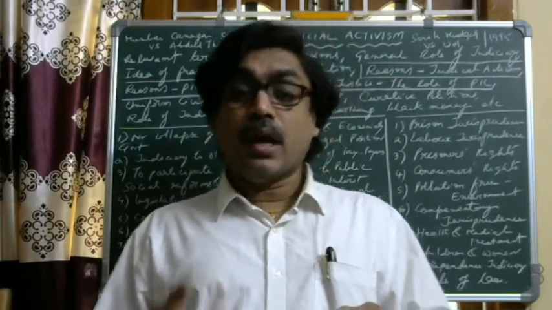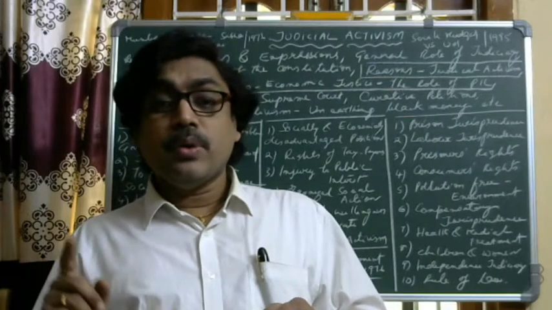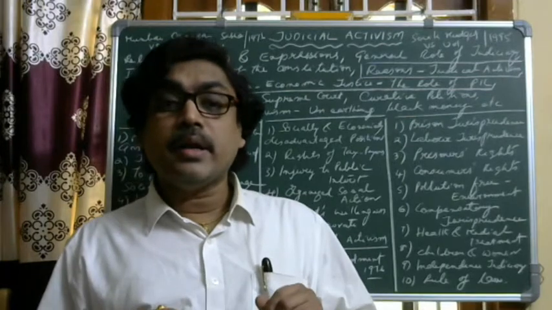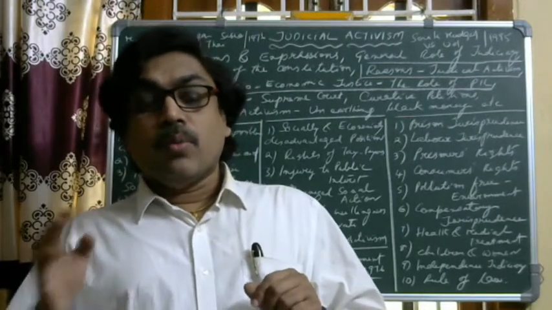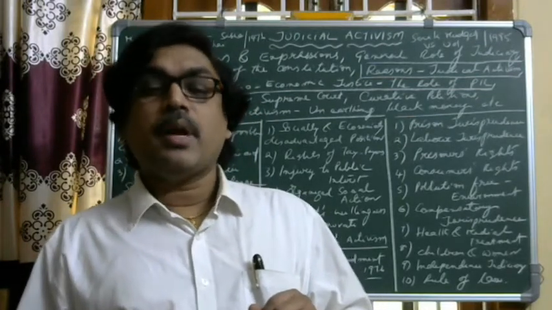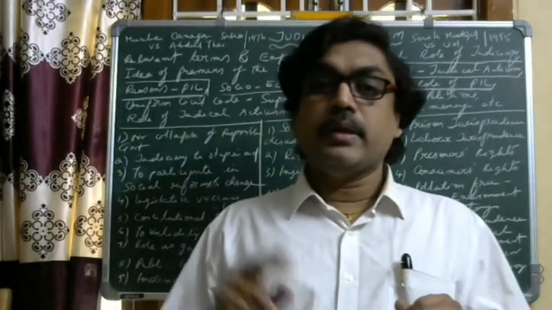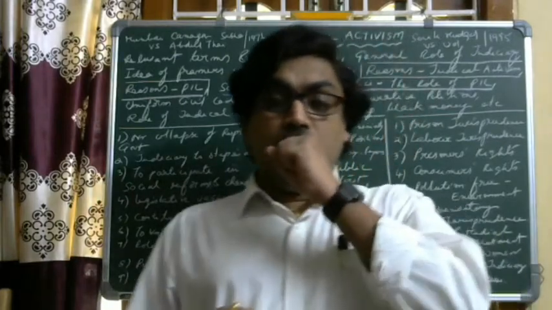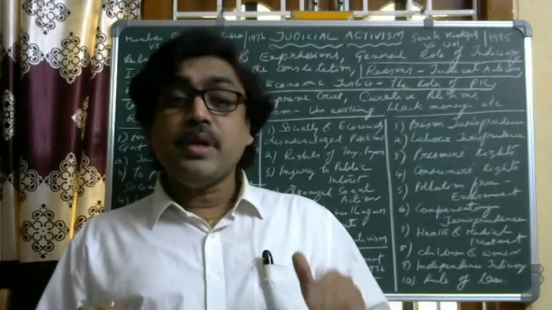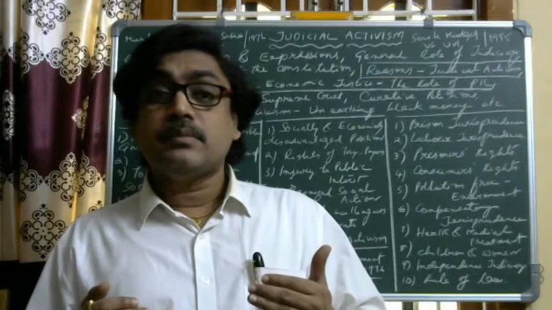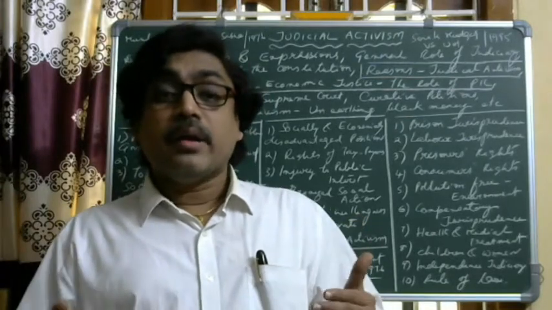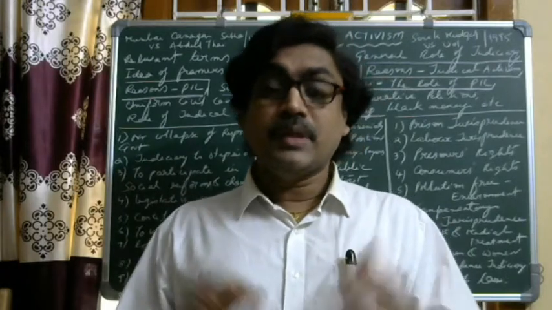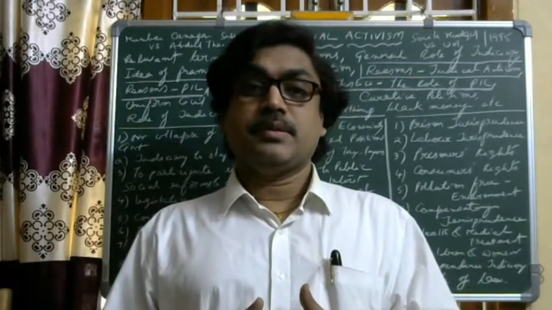Sarla Mudgal versus Union of India is related to the Uniform Civil Code, decided in 1995. And one more case, Ram Jethmalani versus Union of India, decided in 2011, is related to judicial activism and unearthing black money. These are the relevant cases.